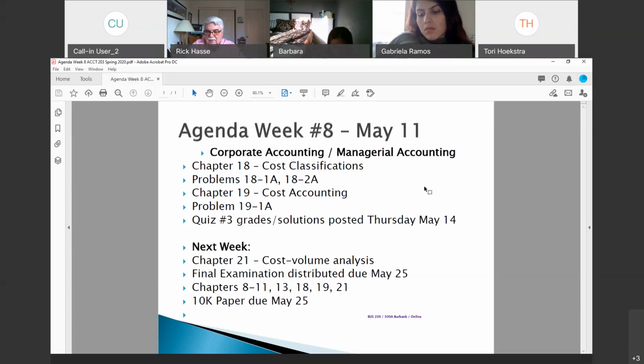Income statement, balance sheet, statement of equity. It's a reporting of the operations of the business. Managerial accounting is an internal accounting mechanism, providing information to help the managers of the business make decisions.